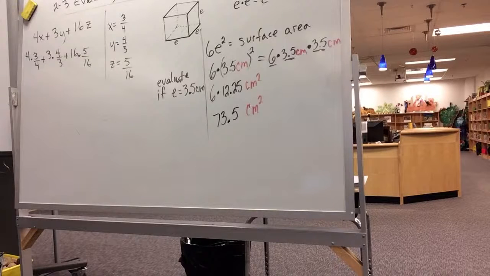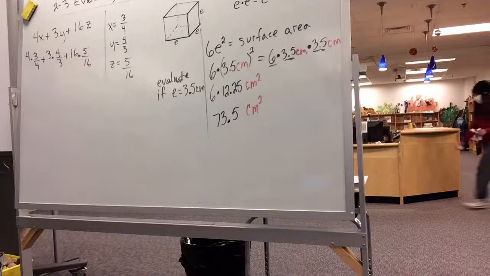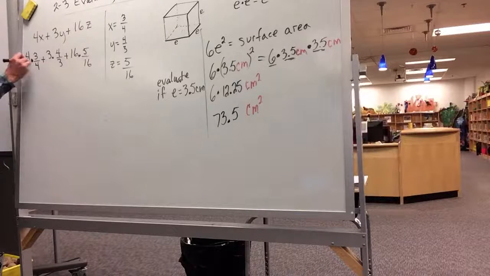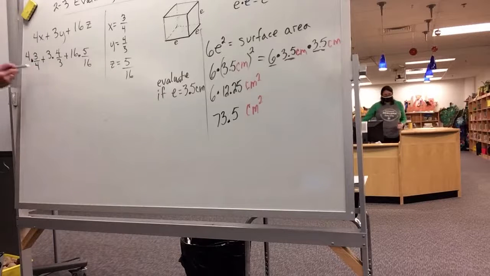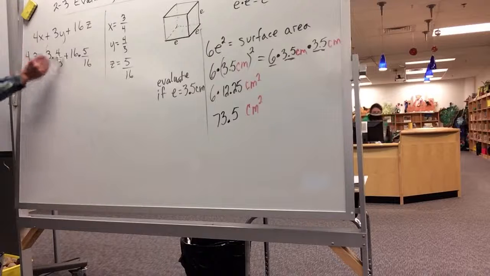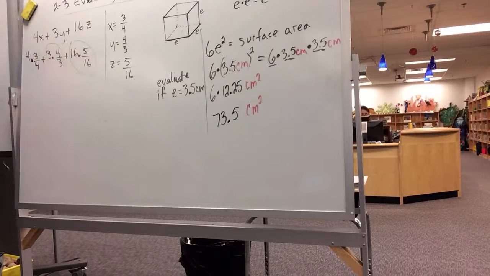Now it turns into a problem with multiplication and addition, so order of operations applies. You have to simplify that. So what gets done first? This is multiplication: 4 times 3/4. This is multiplication, that's multiplication. So we have to multiply all 3 of those before we add them.